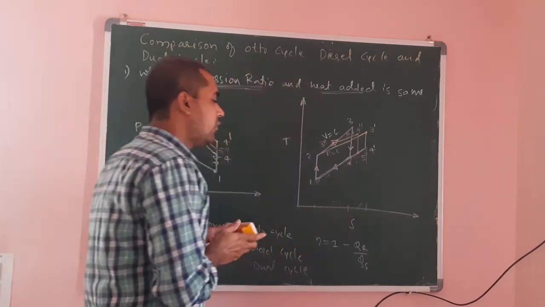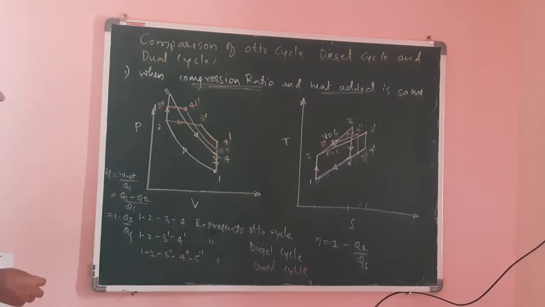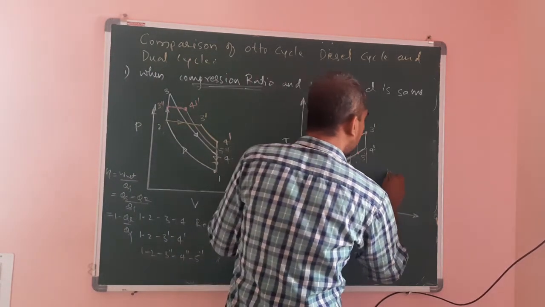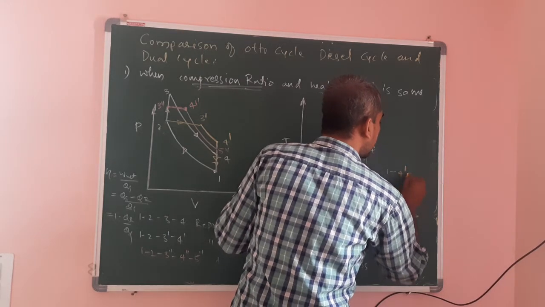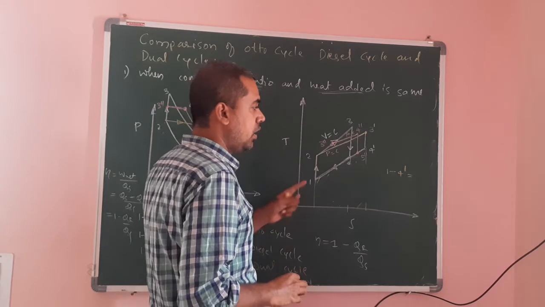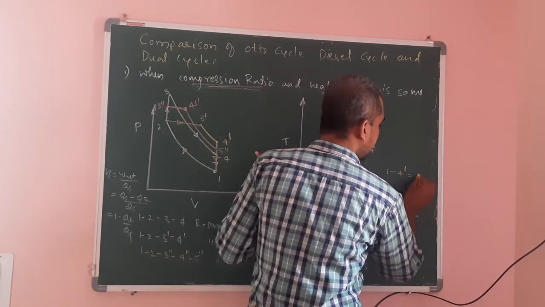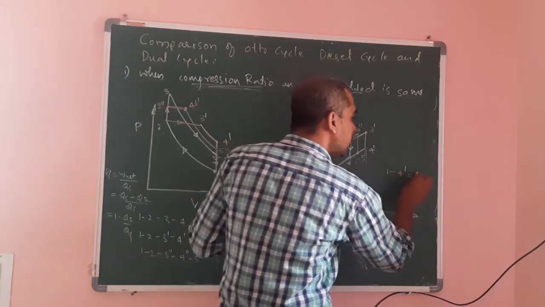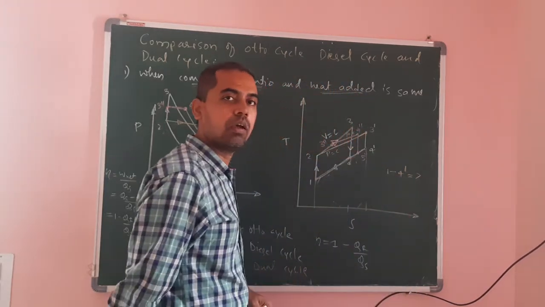Therefore, the area under the curve 1 to 4 dash represents heat rejected in a diesel cycle. Area under the curve is more here.